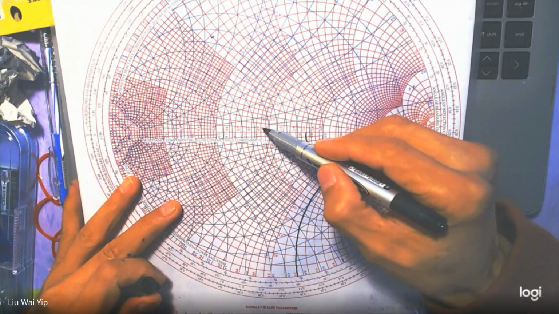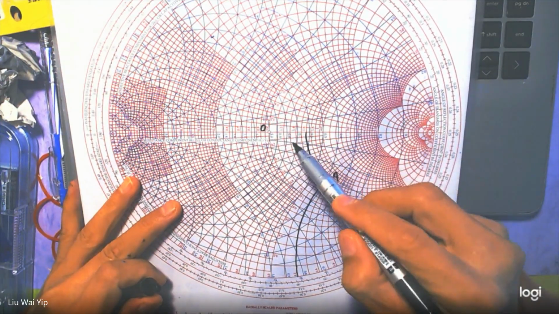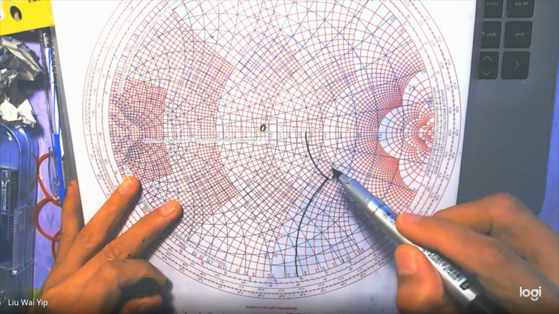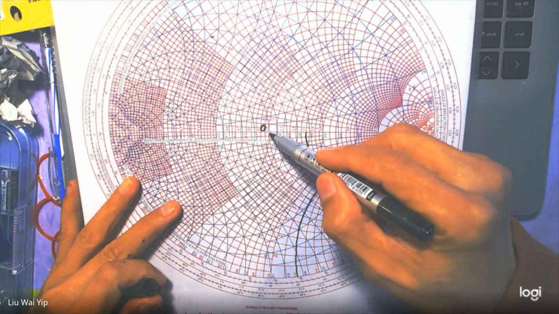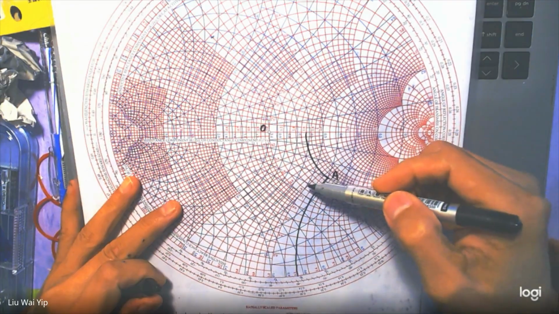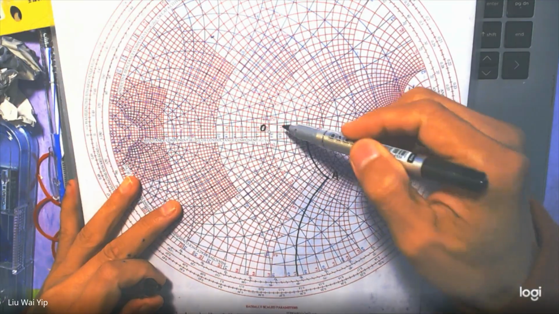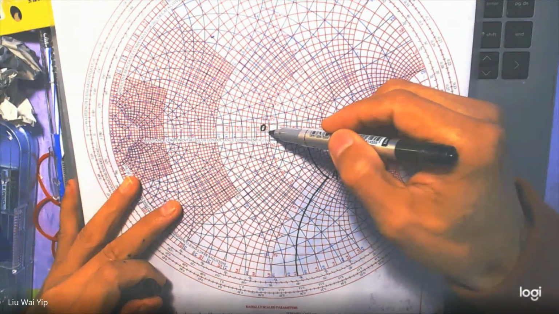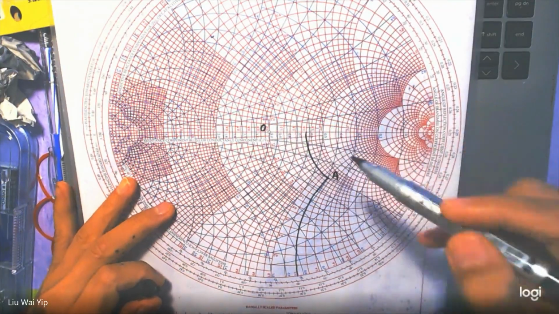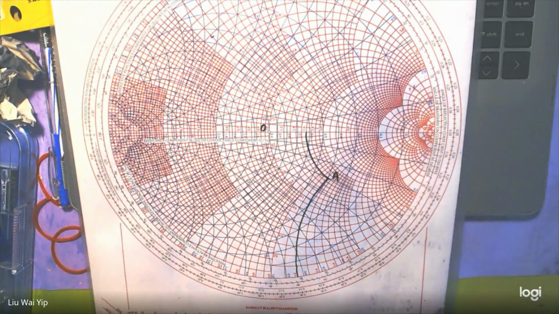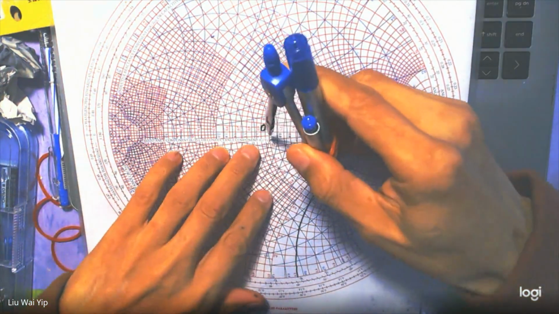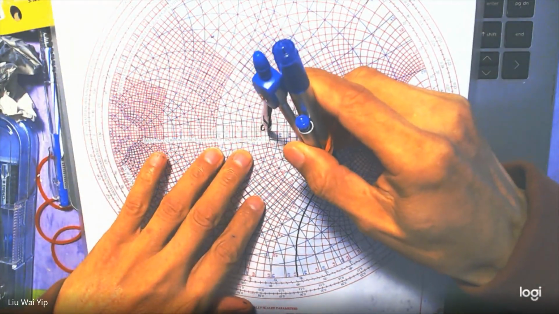Now, what you are going to do is to use a straight line to join the location where the load impedance is and the origin of the Smith chart, and then draw a constant SWR circle. So I got this.